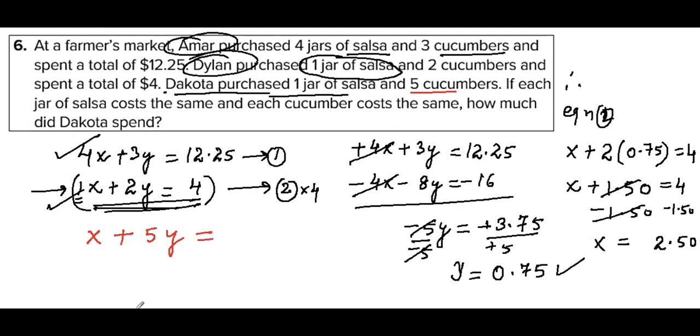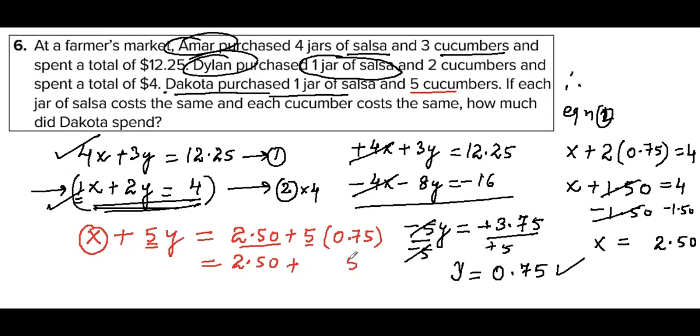What is the value of this? We don't know, so we can substitute the values. x is 2.50 plus 5 times y, y is 0.75. Firstly, we'll multiply. Some students add first. Don't add first. Firstly, multiply. So 5 into 5, 25.